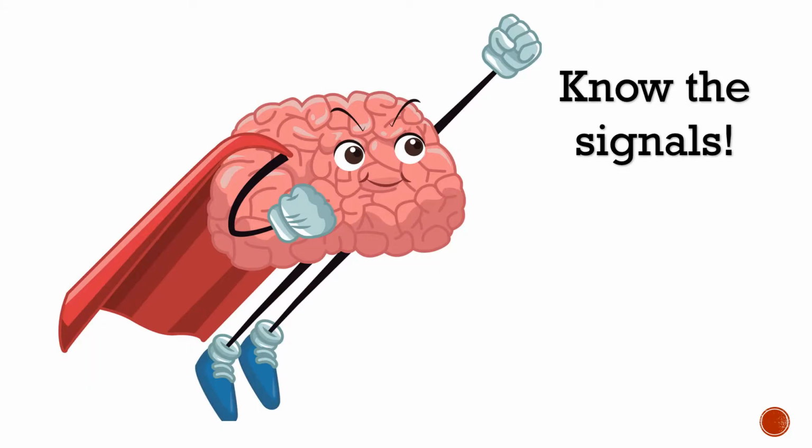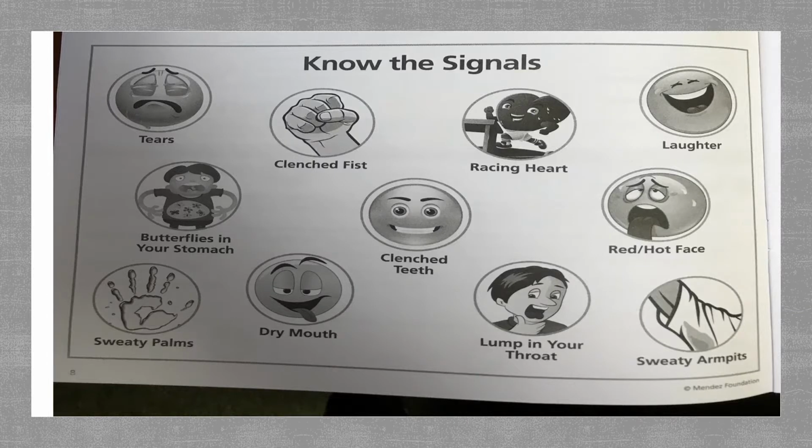So now let's look at the signals. Your body gives you signals when you feel certain emotions, when you feel any type of emotion rather. So let's go ahead and focus on these body signals. So as you can see here, sometimes our emotions bring on tears, butterflies in our stomach, sweaty palms, dry mouth, clenched teeth, clenched fist, racing heart, lump in throat, laughter, red hot face, sweaty armpits.